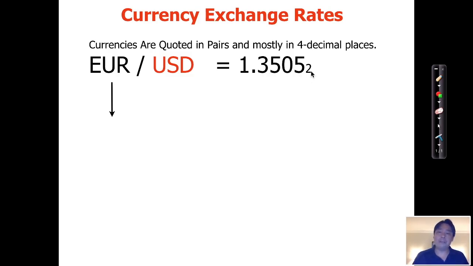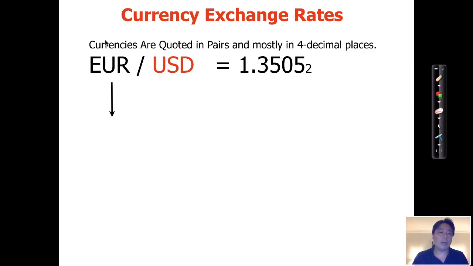The 5th decimal place is known as a fractional pip, and we do not care about that. It's too small to worry about. We're looking at the 4 decimal places, right? So the last decimal place represents a pip, and I'll talk about that in a short while.